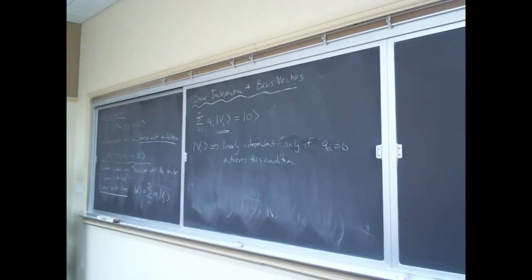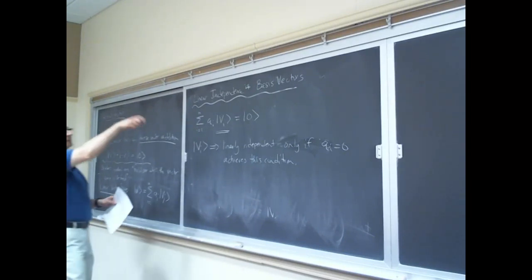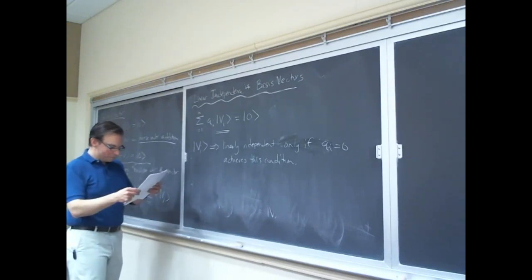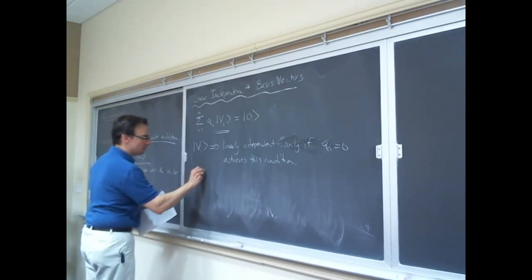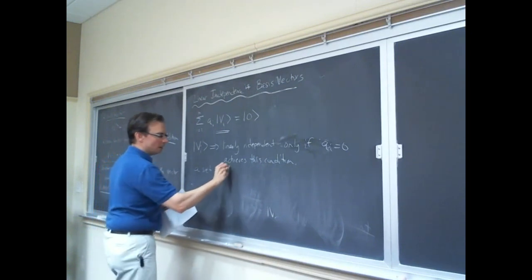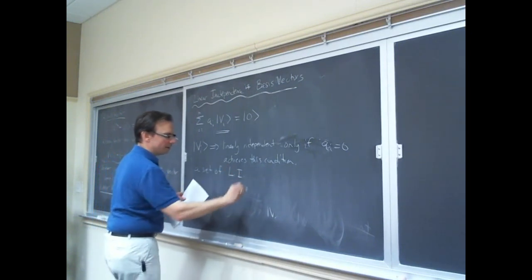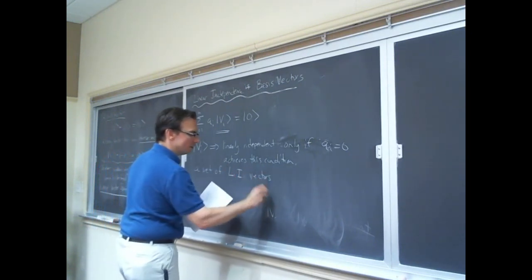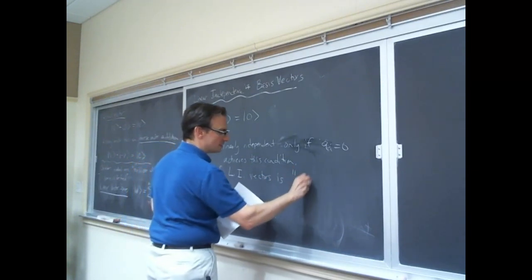That's the only way to get the null vector. So in a space sense, orthogonal vectors, or vectors at right angles to one another, are the only ones that can be basis vectors in a coordinate system, right? Or linearly independent. And a set of linearly independent vectors is called a basis set.